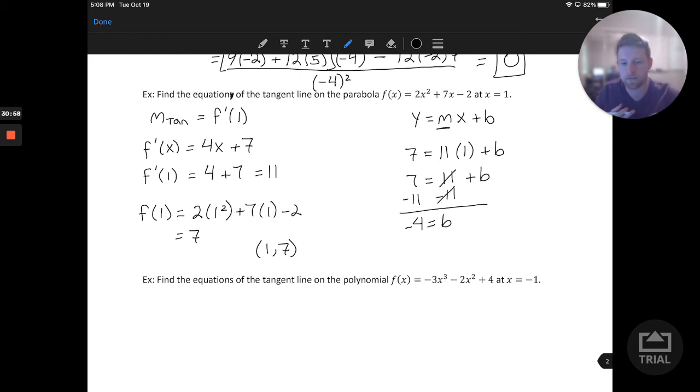So we have an intercept of -4, slope of 11, and so we could rewrite this line completely as y is equal to 11x minus 4, and that will be our slope intercept form of our tangent line at the point x equals 1.